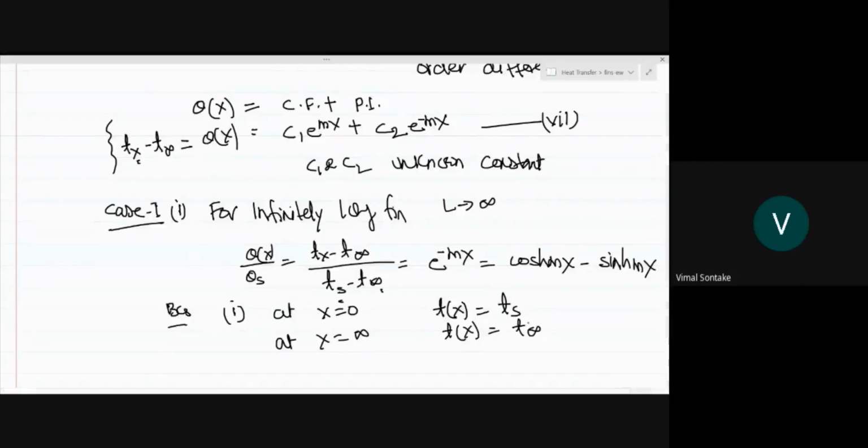These were the two boundary conditions we had. In terms of excess temperature, I can also write them with the excess temperature for the surface.